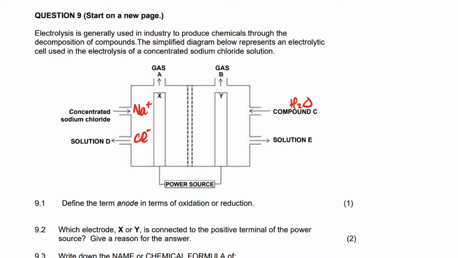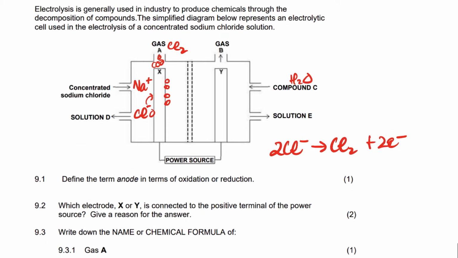The chloride ion is going to oxidize here. It oxidizes into chlorine gas plus 2 electrons. So it's 2 chloride ions. So here, this gas A is chlorine gas. There will be bubbles here, which are the yellowish green bubbles, which is the chlorine gas, right?